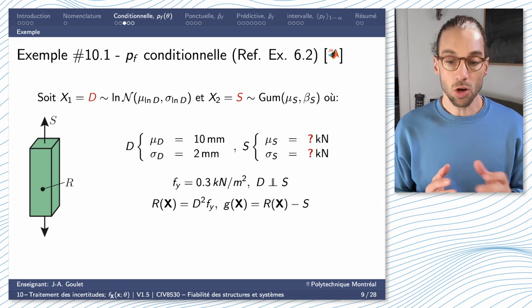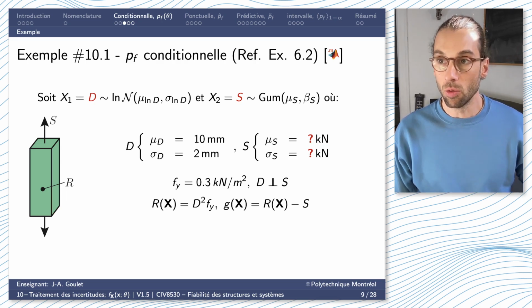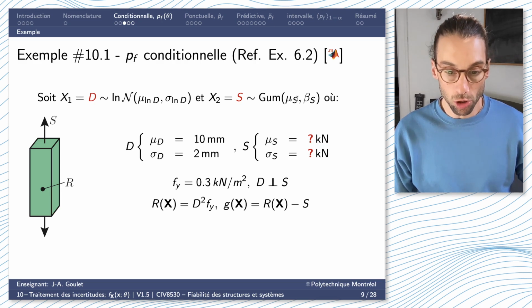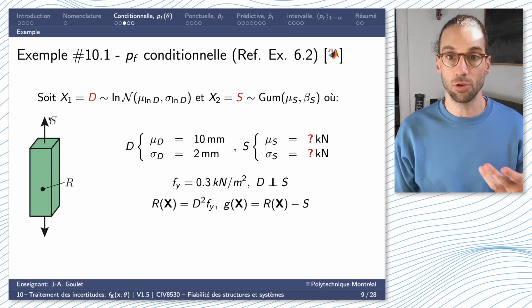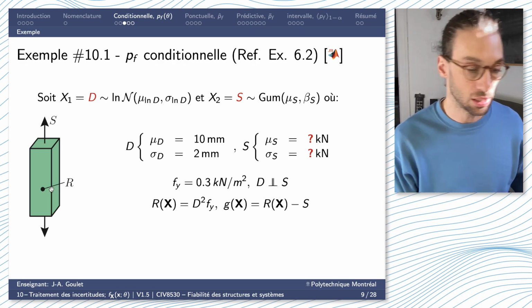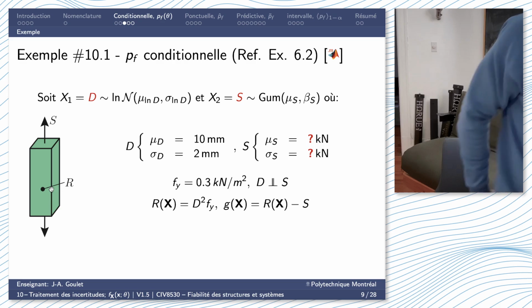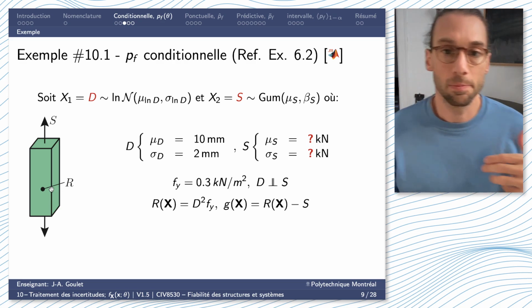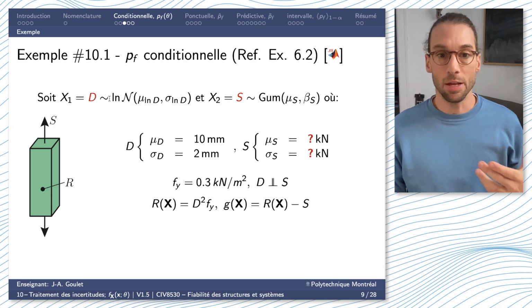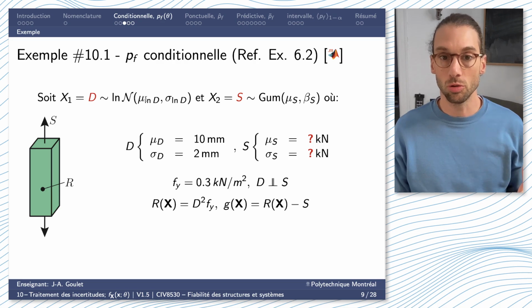So here, let's go back to the same example we saw in chapter 6, where we want to look at the failure of a bar subject to a tensile force S, and that is defined by an inherent resistance R. So in this case, D, the dimension of my bar, so the cross section, is modeled by a log normal random variable.